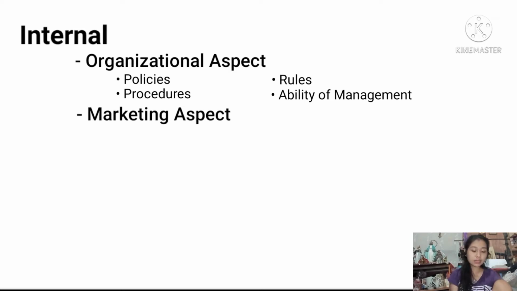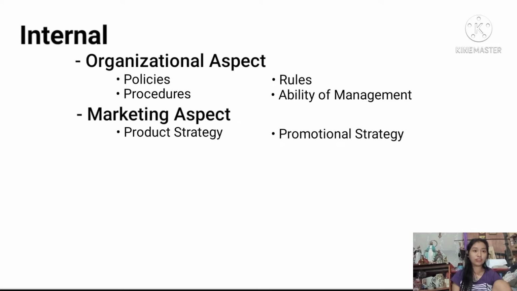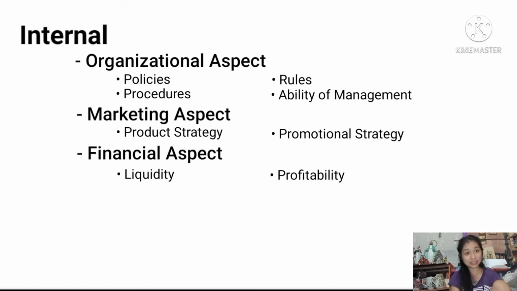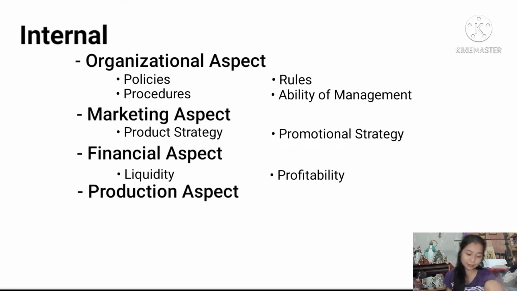Next one is the marketing aspect. Under the marketing aspect are the product strategy and promotional strategy. Next is the financial aspect. Financial talks about money. Under it are the liquidity and profitability of an organization. Next is the production aspect.